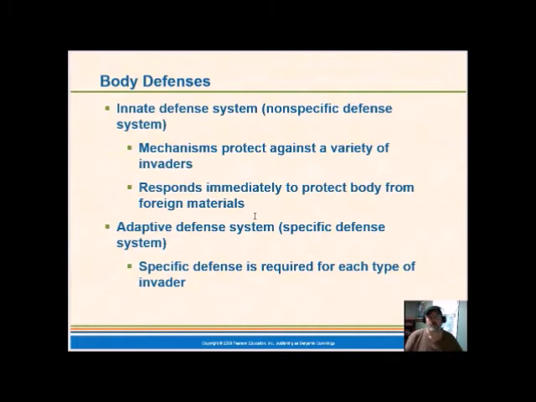It responds immediately to protect the body from foreign invaders, whereas the adaptive defense takes an extended period of time, which is why it can be 7 to 10 days from the point that you get sick until you start feeling better.